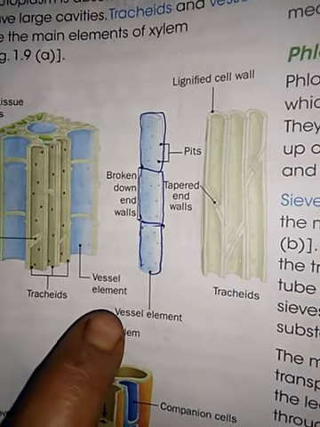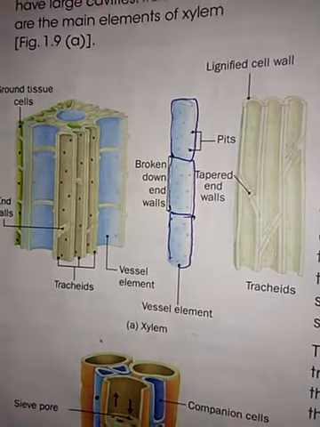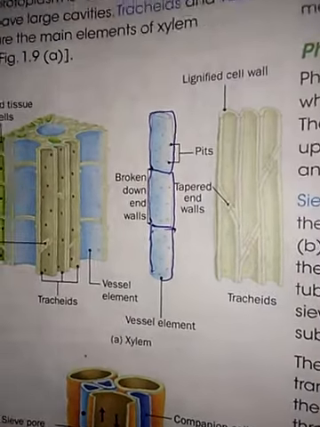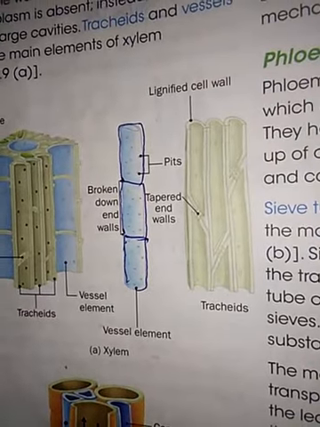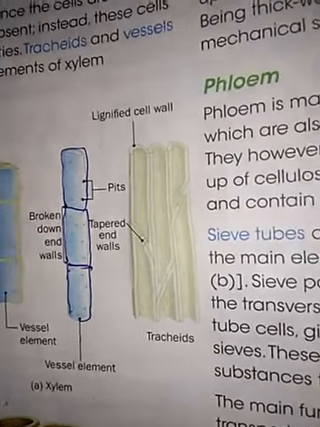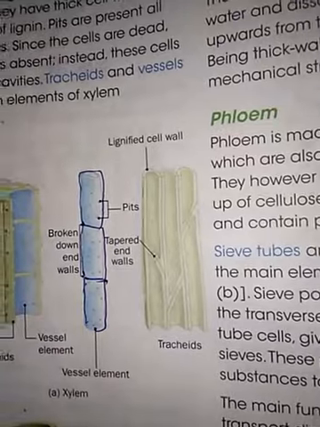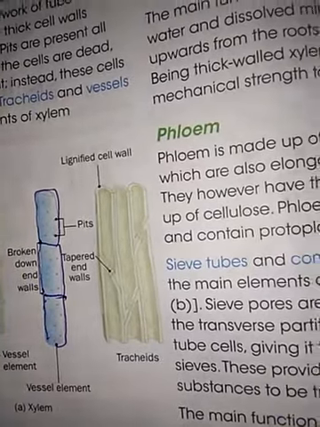The function of xylem is to transport water and dissolved minerals. Where are the water and minerals present? In the soil. What is the use of xylem?